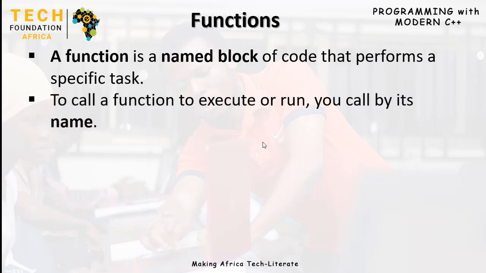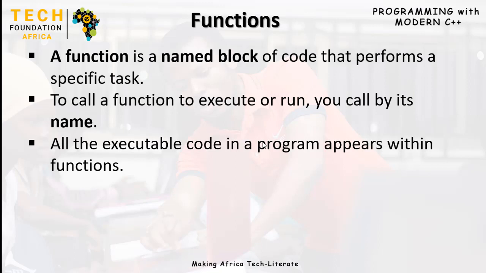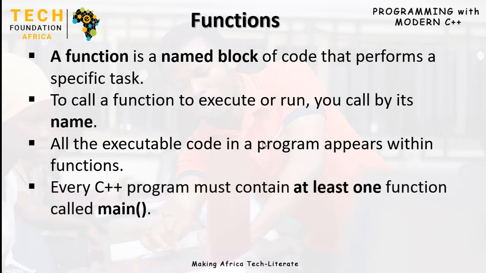That is, functions consist of a group of statements that perform specific tasks. If you want to call or invoke a function to execute or run, you have to call it by its name. All the executable code in a program would have to appear within a certain function.